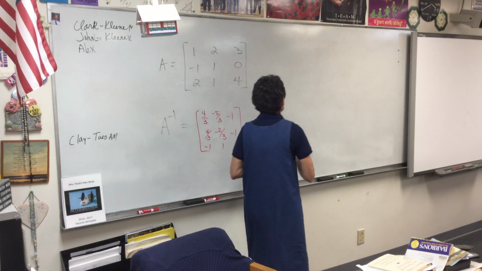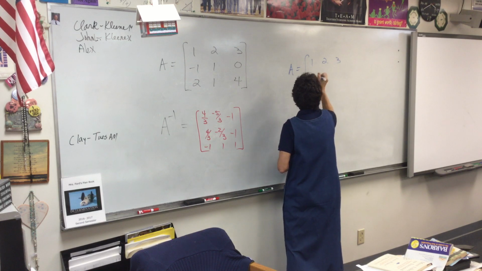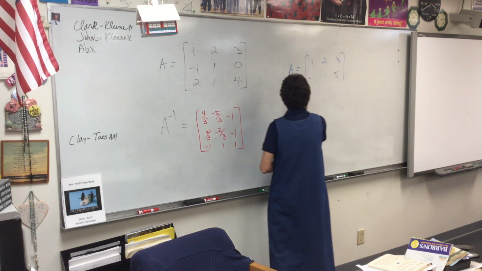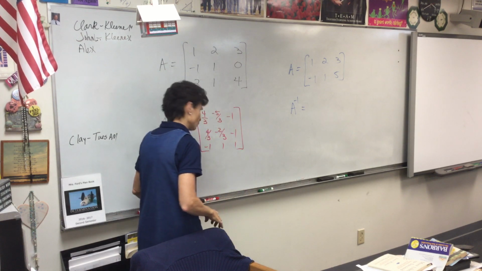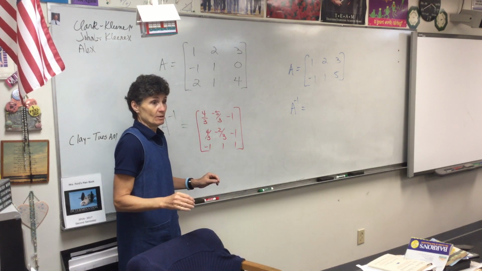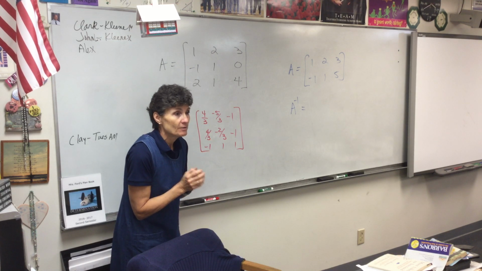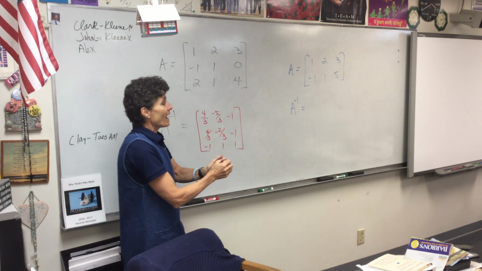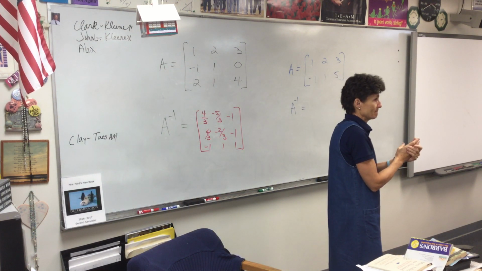What if you're asked this question? What if A is 1, 2, 3, negative 1, 1, 5, and it says find A inverse? What about that? You can't. Why not? And what difference does that make? There's no determinant. The determinant is a part of the inverse.